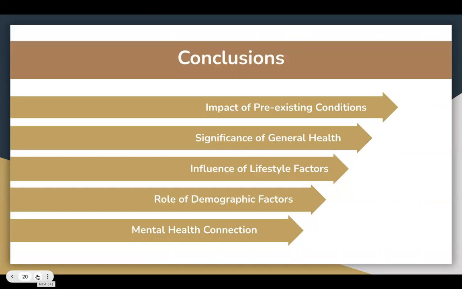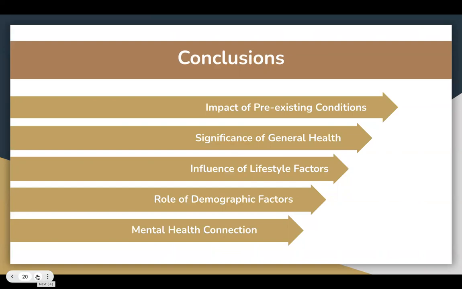Secondly, we found that general health parameters like overall health status, BMI, and physical difficulties are significant determinants of heart disease risk. We also observed a role for physical and mental health issues, although these were of slightly lesser concern in our general analysis.